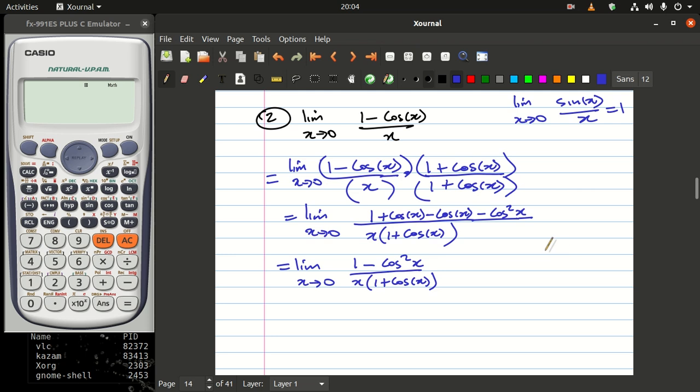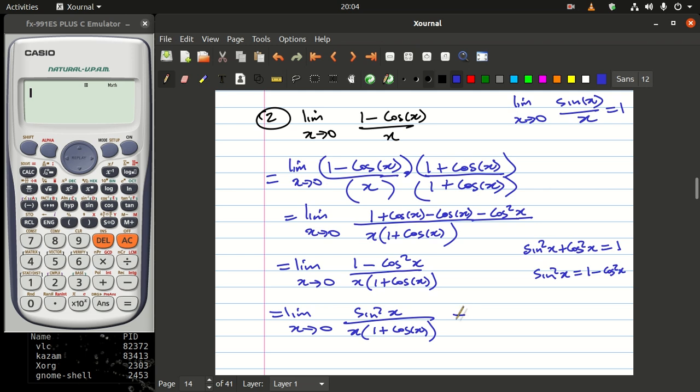One thing I know is that whenever I have sine squared of x plus cosine squared of x, I always get 1, which means that sine squared x is the same as 1 minus cosine squared x. So I already have this; I'm going to change this to that. I'll end up with the limit as x approaches 0 of sine squared x divided by x times 1 plus cosine x.